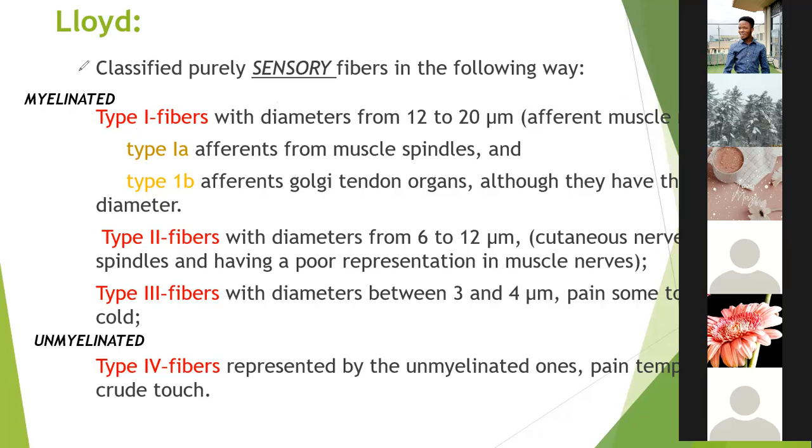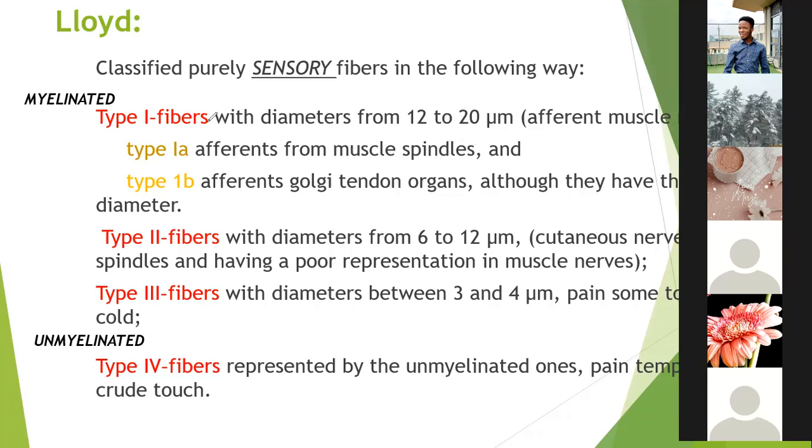With that information, you can see that type 1 fibers only captures sensations from the muscles and the Golgi tendons. So these are proprioceptors. We have sensory neurons coming from the muscles, the stretch receptors, having type 1A, because type 1 is both A and B, with A only focusing on the spindles and type 1B focusing on the Golgi tendon organs.